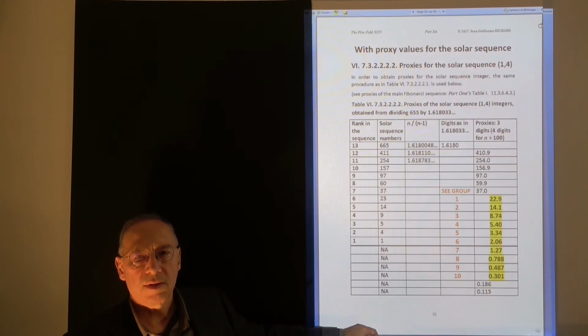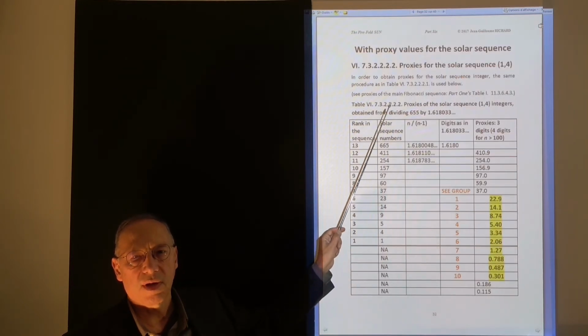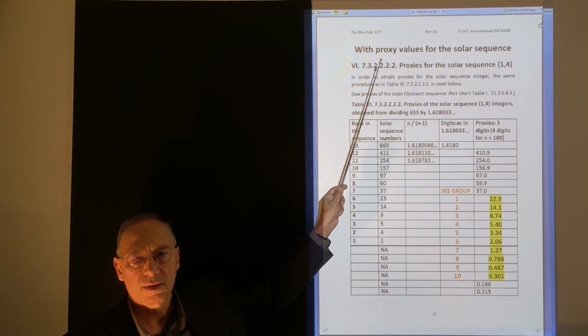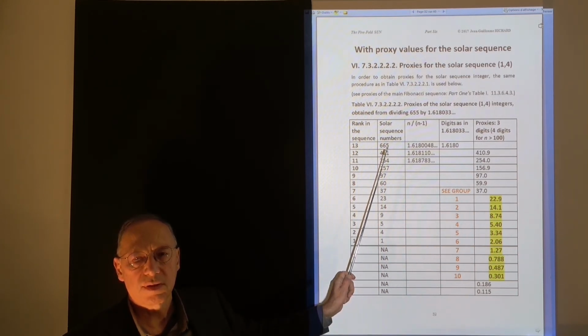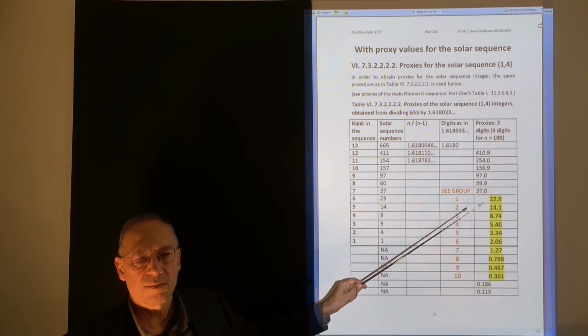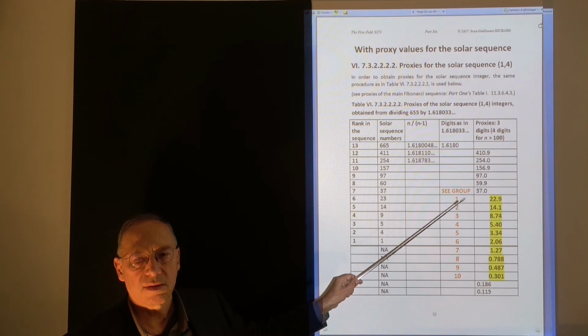The decimal numbers of generalized Fibonacci numbers were called proxies in part 1. We start from a large member of the solar sequence and divide by the mean and extreme ratio. We arrive at the sequence of numbers with the decimal parts, and you see we can adjust to the sunspot groups number 1 to 10.